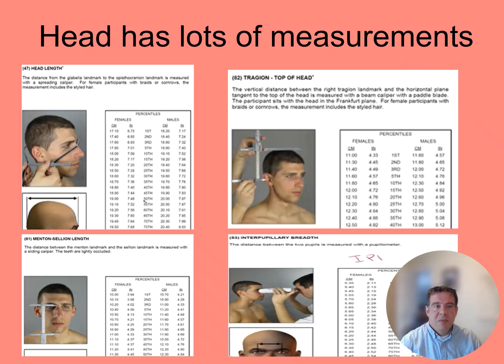For other measurements, for the head example, there are many more. We have the head length. We can measure from the nose to the chin, from the ear canal to the top of the head. Notice that they have different terms for that. With the head width and length, a lot of times they actually say if it's a female participant, include the braids, which I thought was kind of surprising.